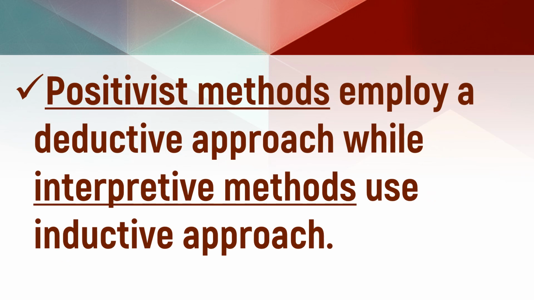Positivist methods employ a deductive approach, while interpretive methods use an inductive approach. So here, we already learned a while ago, deductive is more on quantitative. Inductive is more on qualitative. So positivist is more on quantitative, interpretive is more on qualitative.